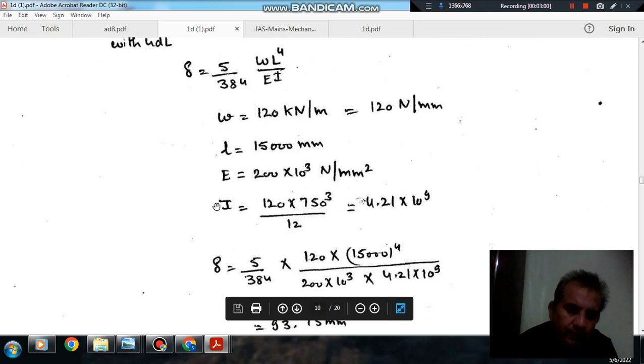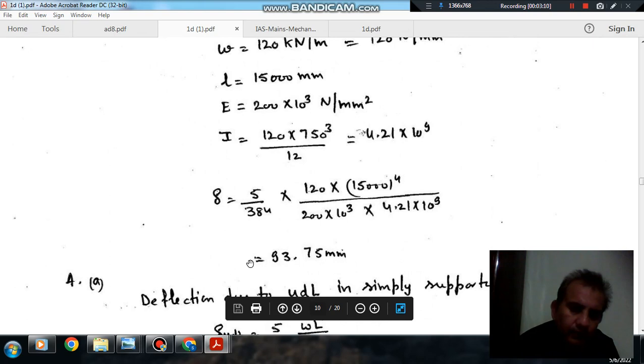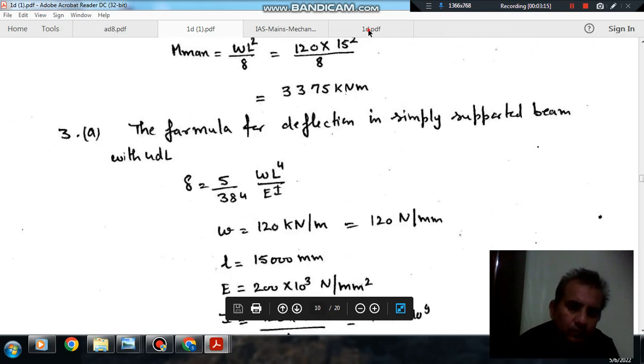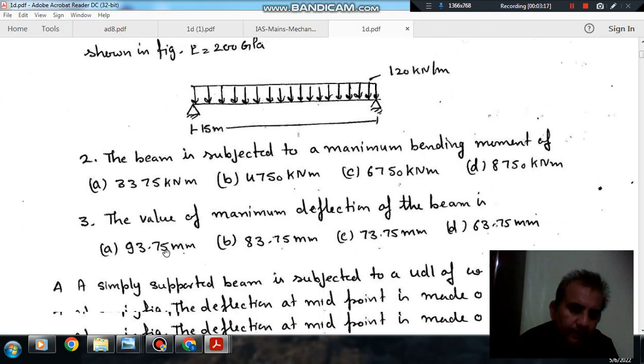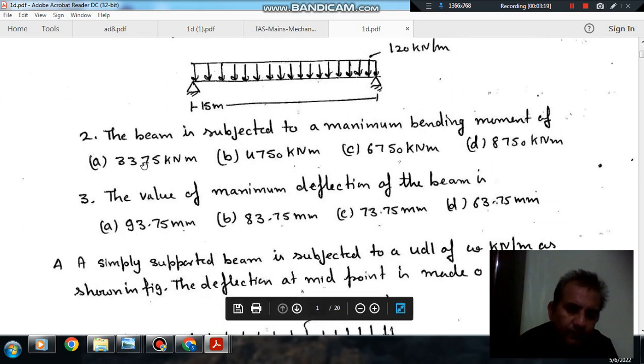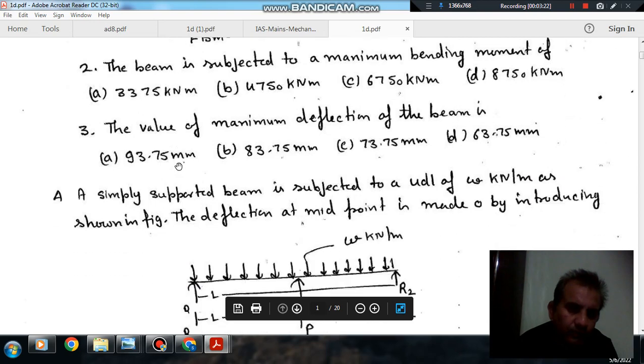So delta comes out as 5 by 384 into 120 into 15000⁴ divided by 200 into 10³ into 4.21 into 10⁹. So that is 93.75. So the answer for this question is option A, 93.75 mm, and the bending moment answer is 3375 kN·m.